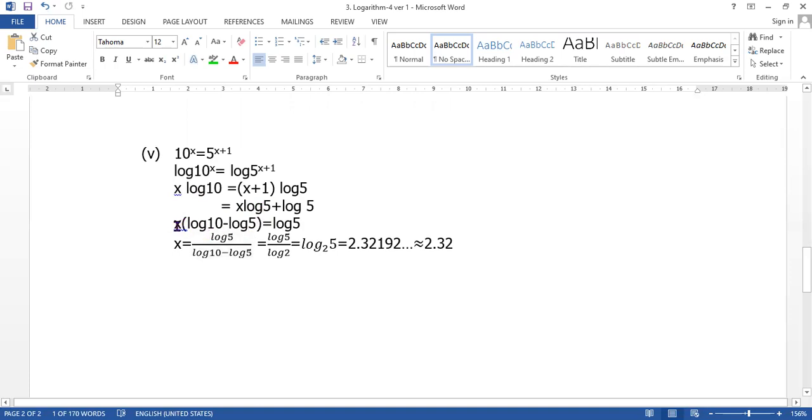We take out x and put logarithm 10 and logarithm 5 in the bracket. Here just only logarithm 5. And we move again logarithm 10 and logarithm 5 to the right side. We divide this logarithm 5 by logarithm 10 minus logarithm 5.